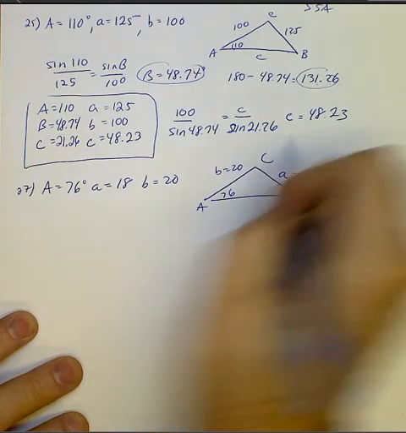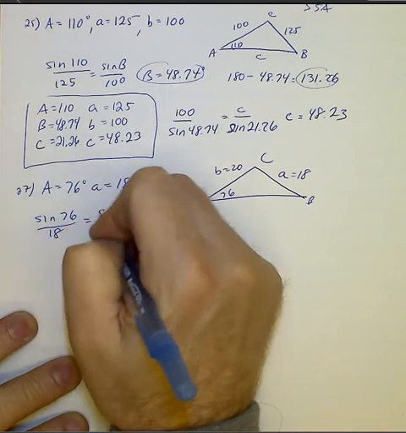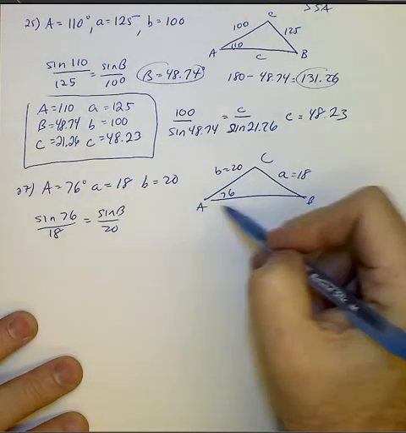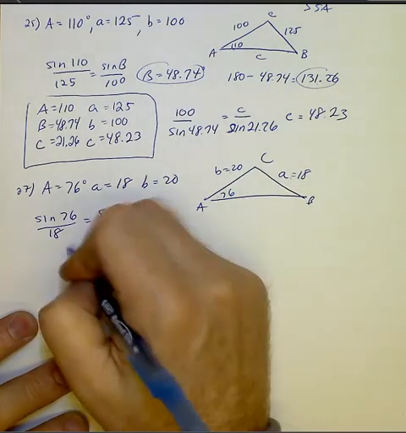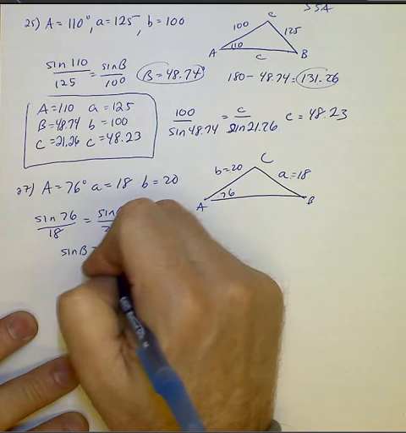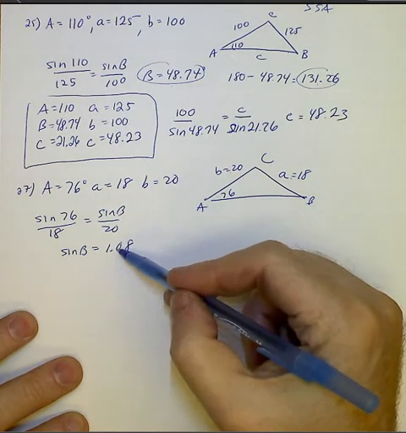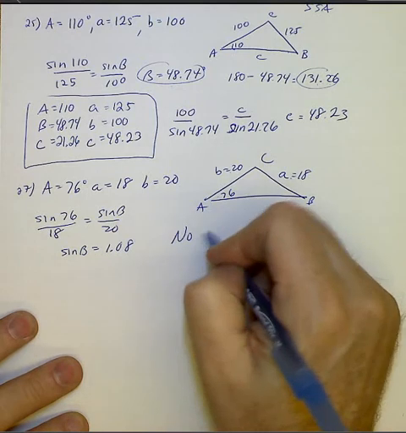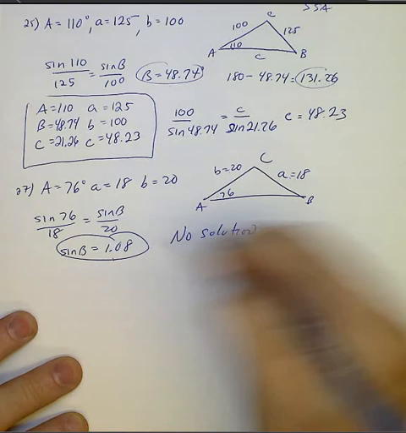We'll do the sine of 76 over 18 equals the sine of b over 20. Turns out that when you cross multiply, you get the sine of b equals 1.08. The sine cannot be greater than 1, so this is a no solution case by virtue of that very situation.